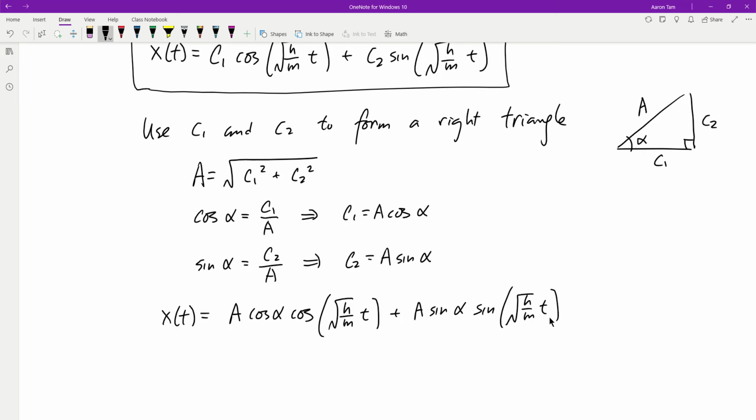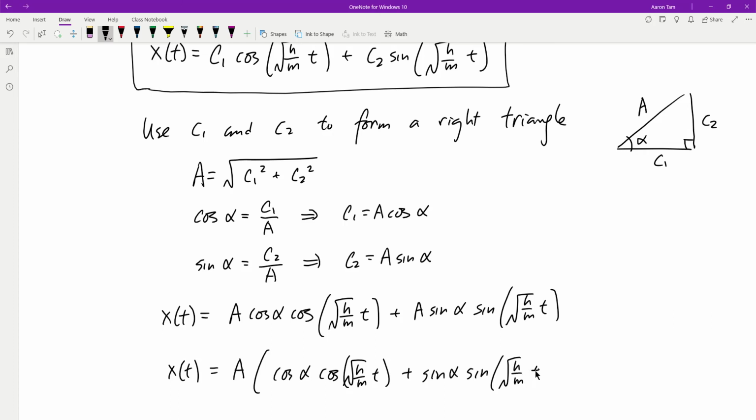Doesn't this make the expression worse? Well, no, because this is actually a trigonometric identity, the identity for cosine of A minus B. So what I'm going to do is combine them together. First of all, I'm going to factor out an A. Then what I have here is cosine alpha, cosine radical h over m t, plus sine alpha, sine of radical h over m t.